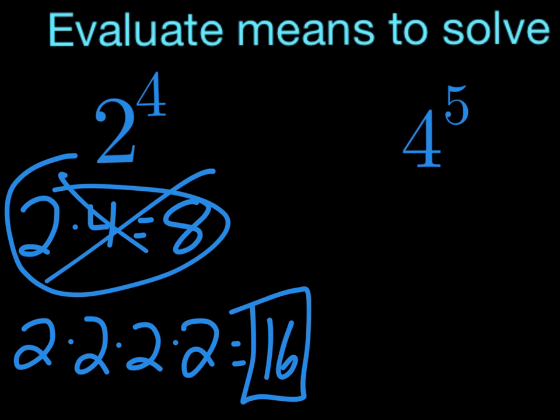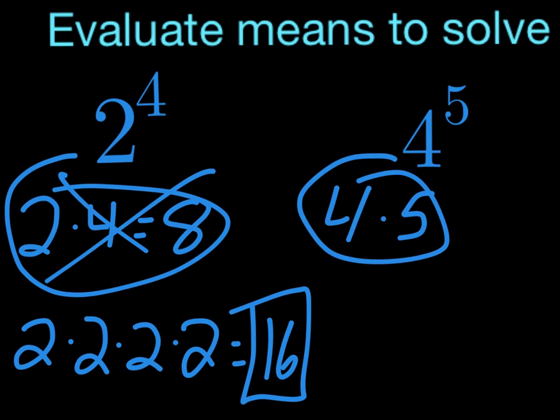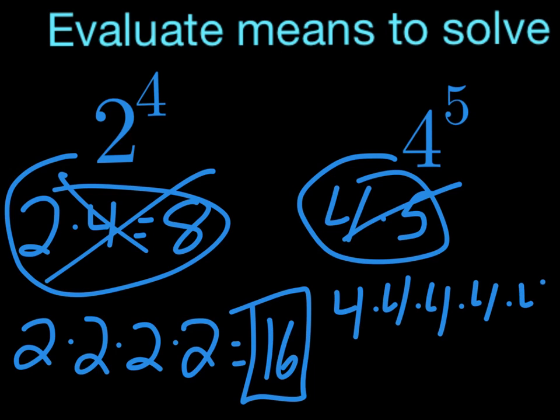The next one says 4 to the 5th. Once again, this is not 4 times 5. This is 4 times 4 times 4 times 4 times 4. When you do that, you should get, if my math is correct, 1024.